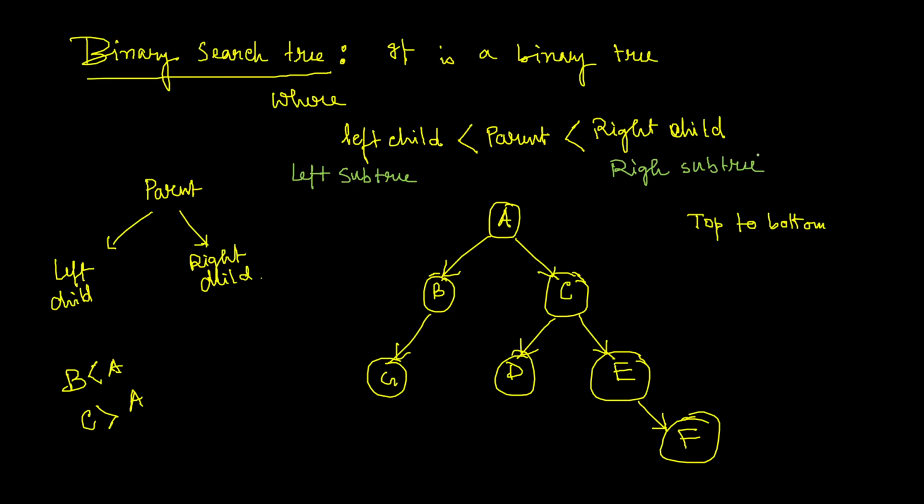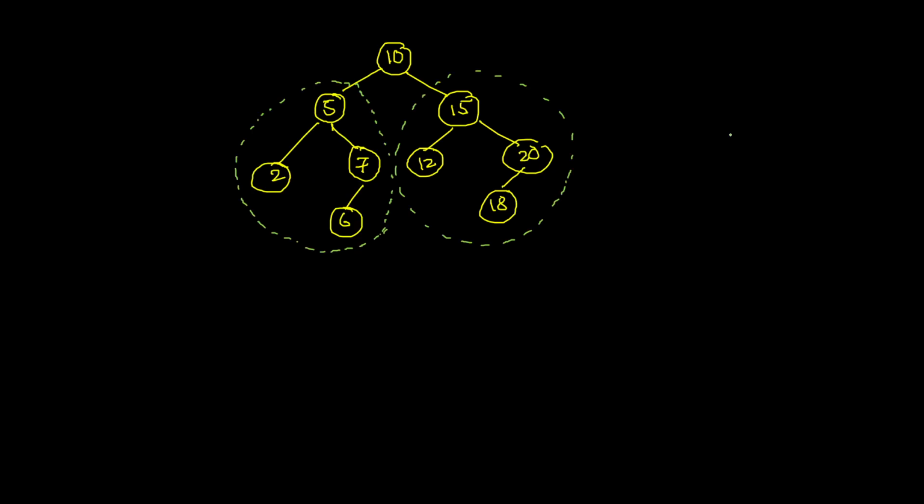So the relation is actually recursive. With respect to each and every node as a parent, it is true. For example, if you take 5 as the node, the left subtree of 5 is this one, and the right subtree of 5 is only this one.